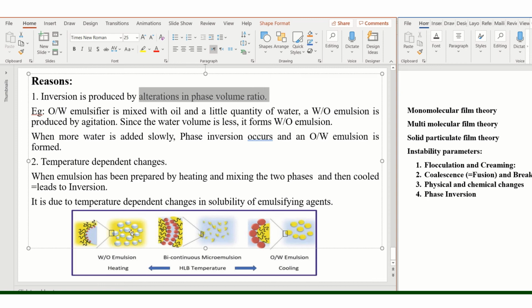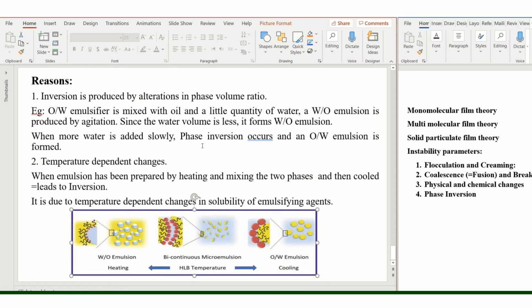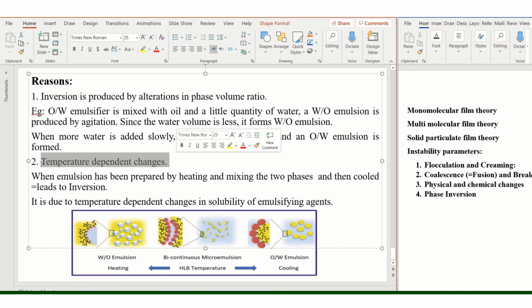This is one reason. The other reason is temperature dependent changes. This reason we already discussed in our practical session. While preparing an emulsion, most emulsions are prepared by the heating method, right? We heat the oil phase and aqueous phase separately, and then we mix the two phases, and this is then cooled to room temperature.